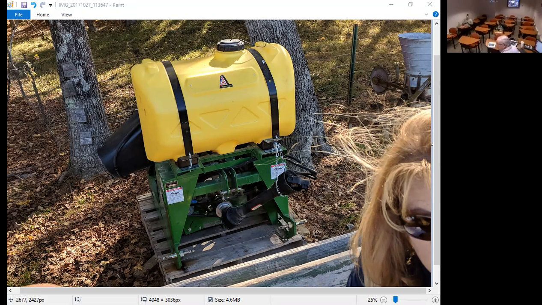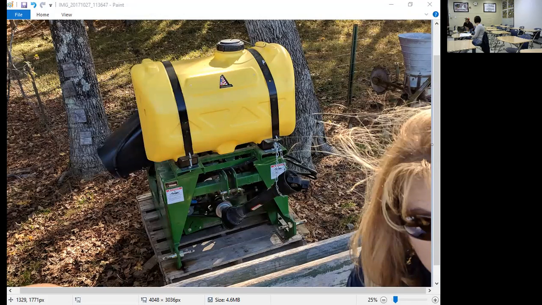What Tom's got on there is a tank. That's the sprayer we were talking about. I don't know if you can see my mouse.